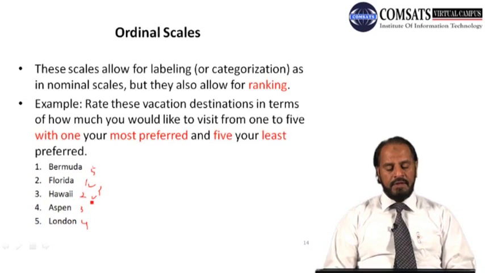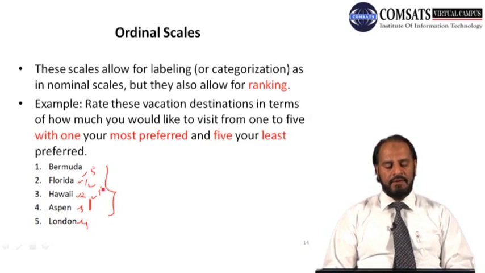Similarly, between 2 and 3, what is the gap? To what extent would you like to go to Hawaii and not Aspen? To what extent do you prefer Florida as compared to Hawaii, Aspen, London or Bermuda? That information is not there.